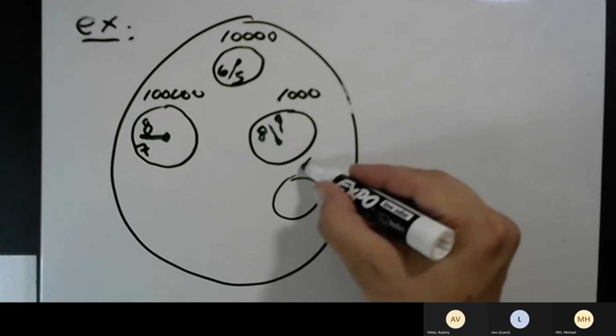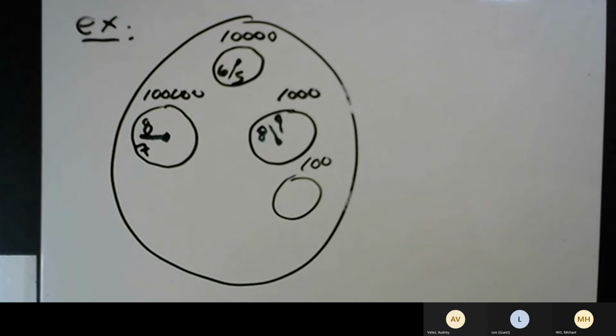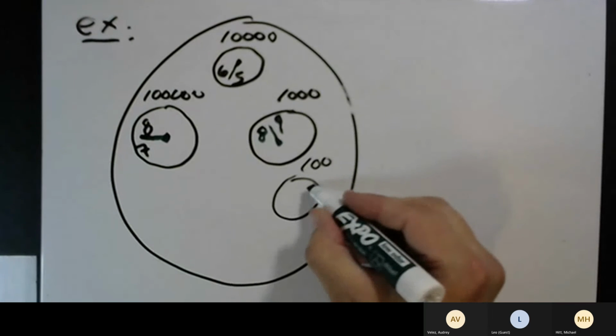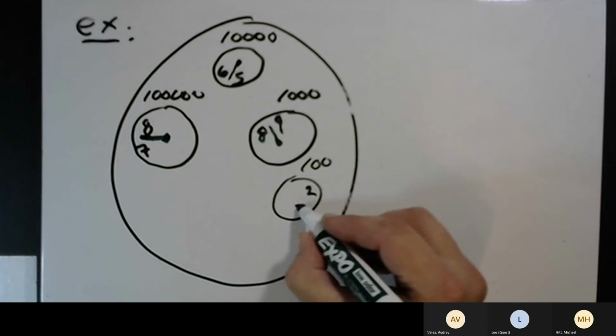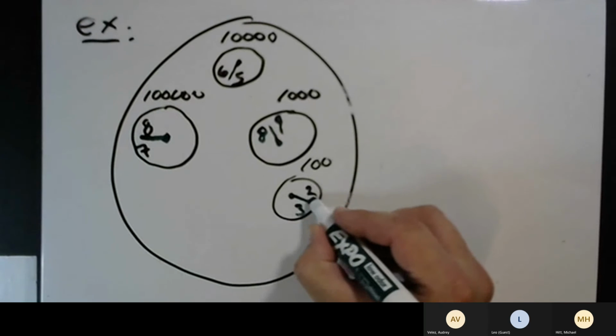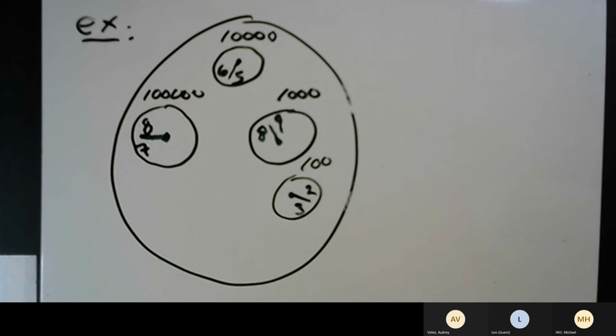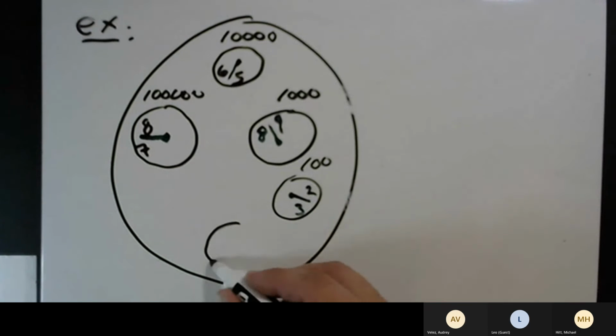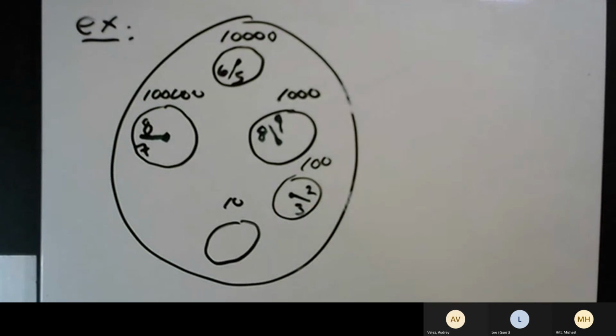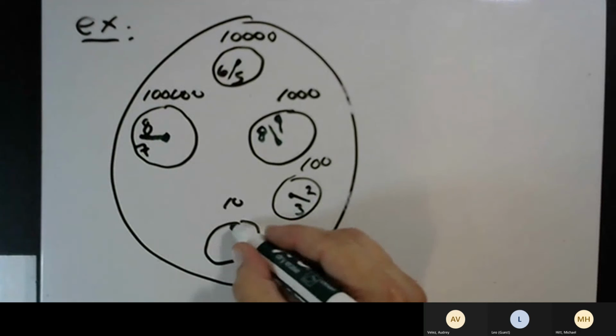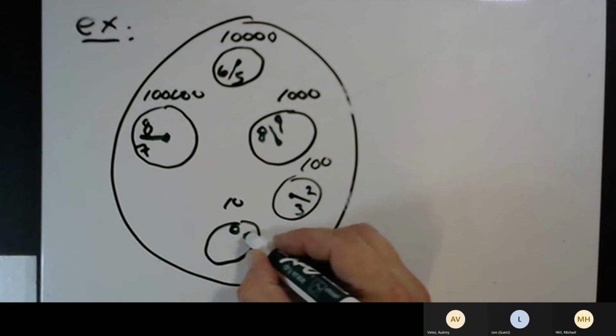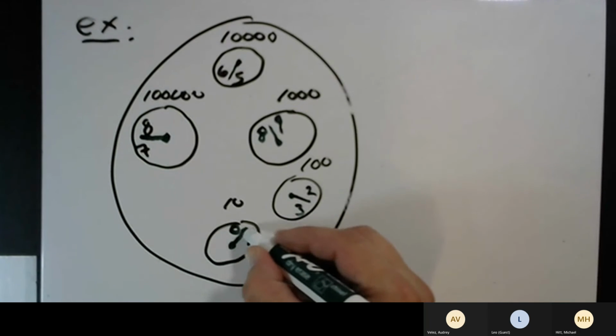So here we have 100, 2, 3. Put our needle between the 2 and the 3. So we have a tens, zero and 1.